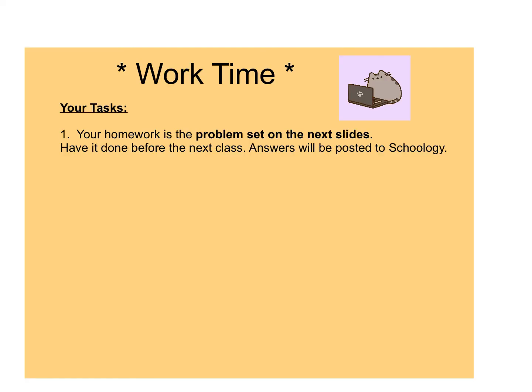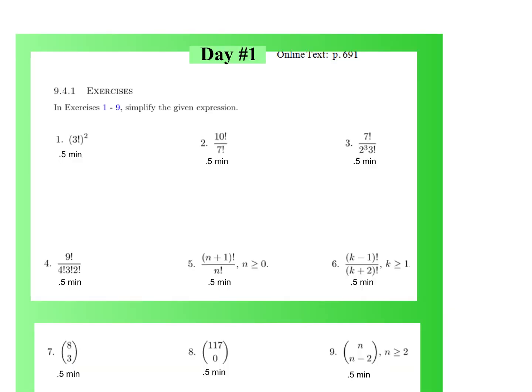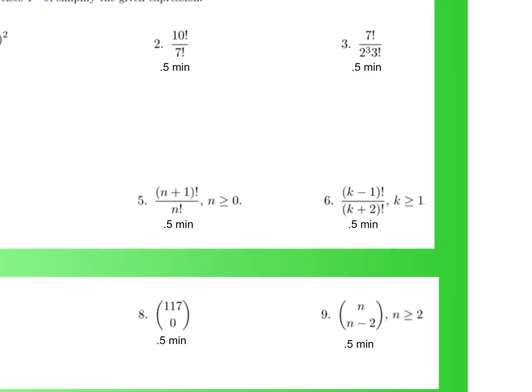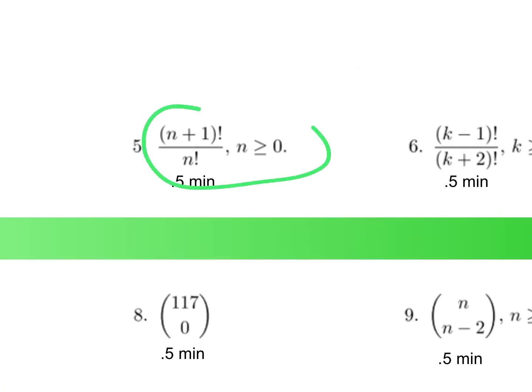Okay, you have work time, you have problems. If you're wondering what this means, it means this is 1 bigger in factorial than this is. It's like 99, 1 bigger than 98.